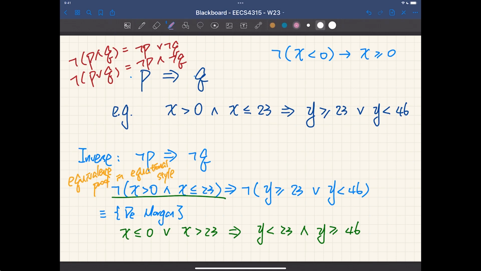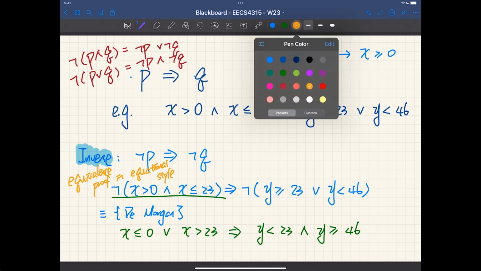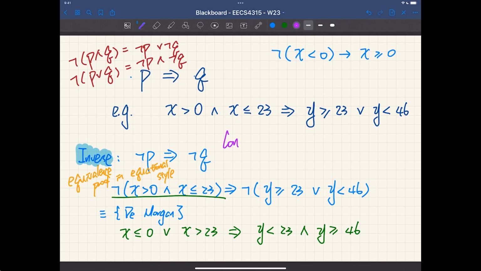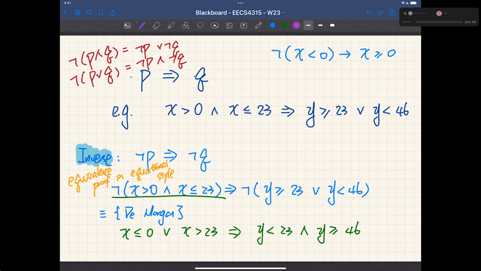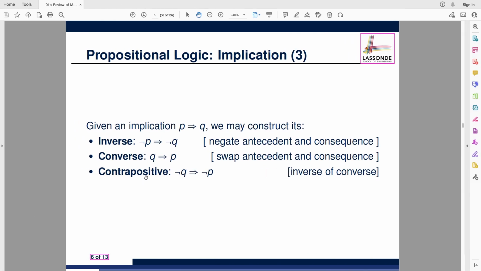The inverse is good, and the converse is actually very, very easy. You just switch the antecedent and consequent, which I'm going to put here, let's say in purple. Converse. We just did inverse and converse. For the converse, if you look at the definition, there is no negation involved.